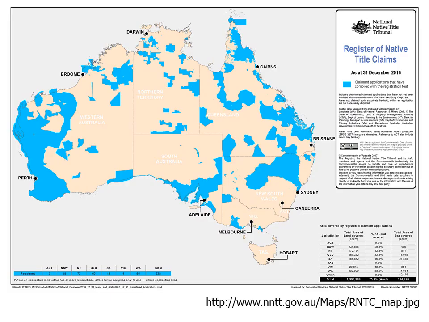So just a couple of maps here to illustrate the extent of native title in Australia, and this is current as at 31 December 2016. Here's a register of native title claims. So the blue parts on this map are the claims that are currently in existence as registered by the National Native Title Tribunal.